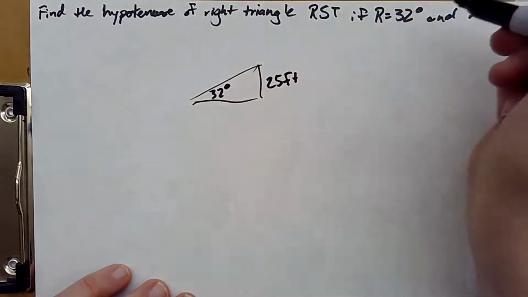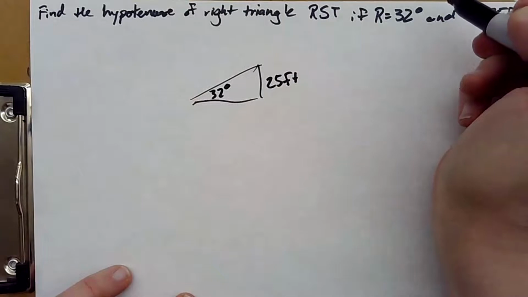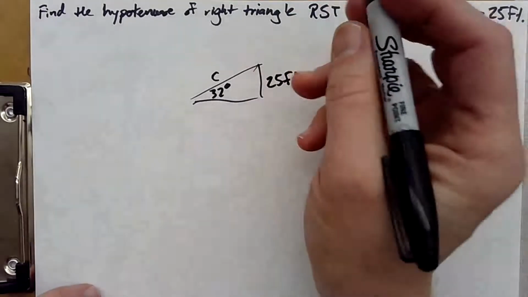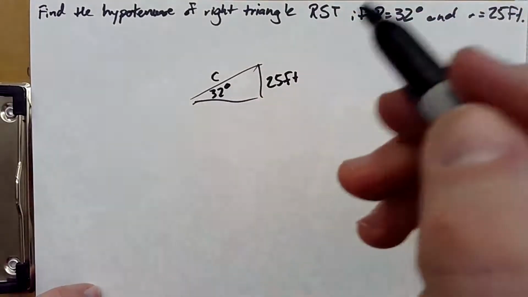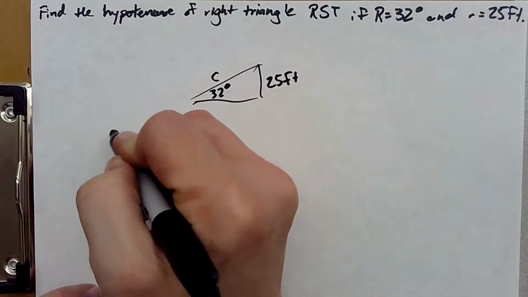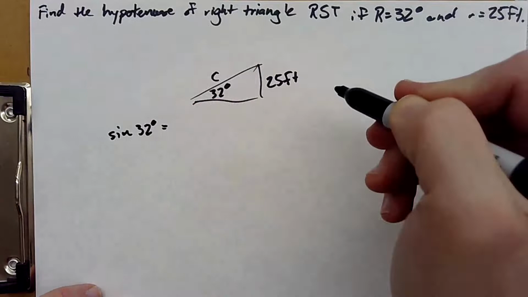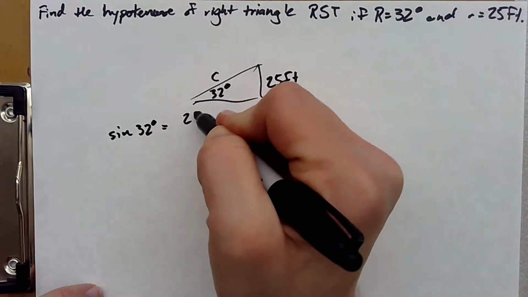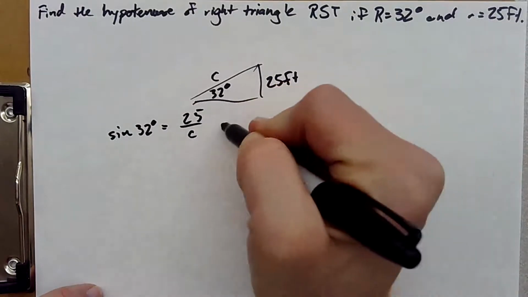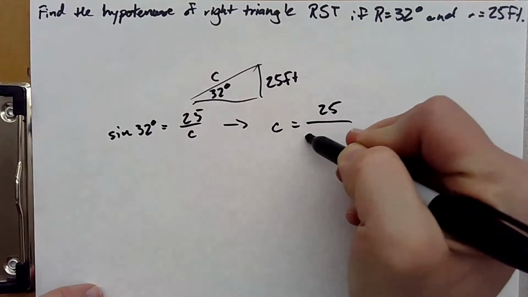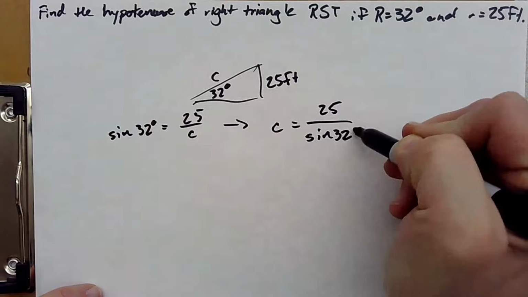And now this here is going to be C, or the hypotenuse. So now we know that the sine of 32 degrees equals 25 over C, which means that C is 25 over the sine of 32 degrees.